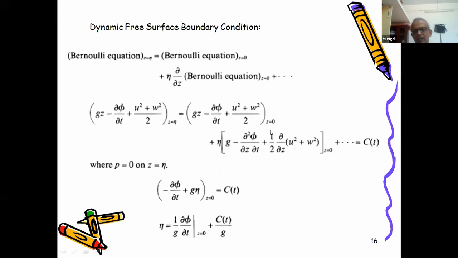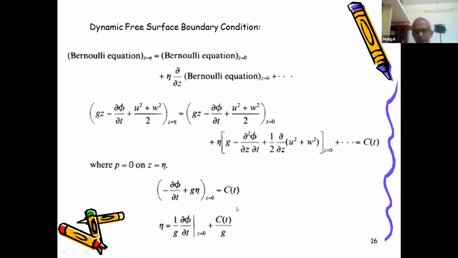Since del phi by del z is nothing but w, that term is negligible. So these two terms also get neglected, and simply you get minus del phi by del t plus g eta at z equal to 0 equal to c of t.